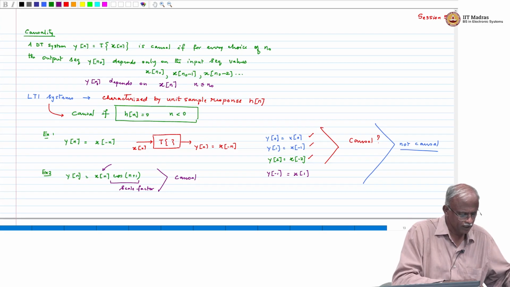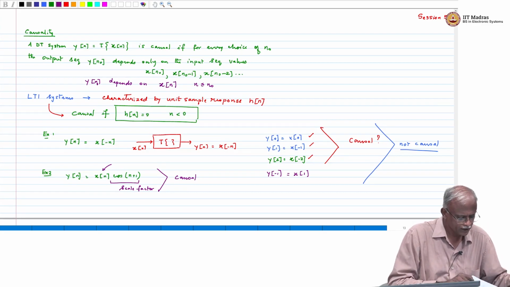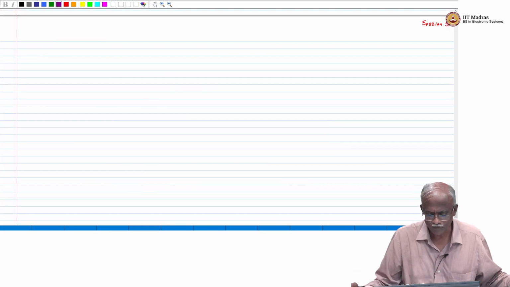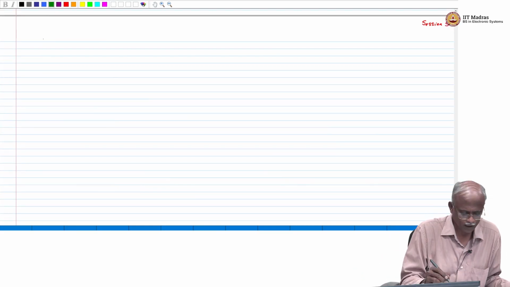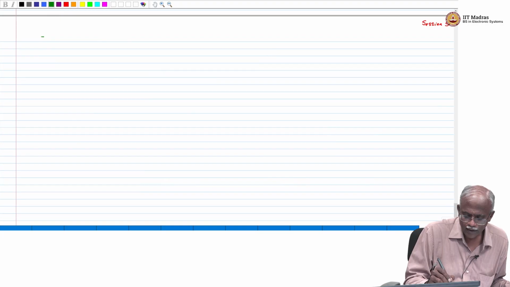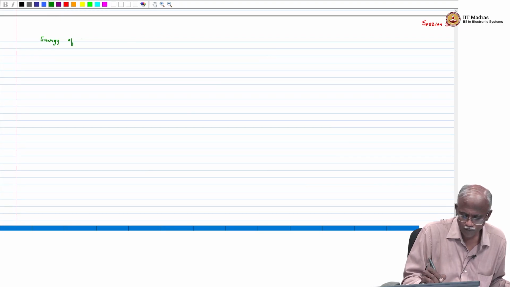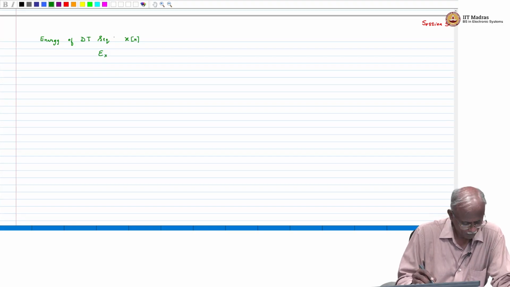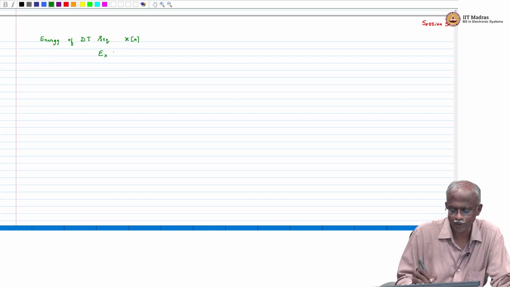So, the first thing that I would like to introduce is the notion of the energy of the sequence. The new concepts are coming. The energy of a discrete time sequence x of n is given by epsilon subscript x, to denote the sequence for which you are computing the energy.